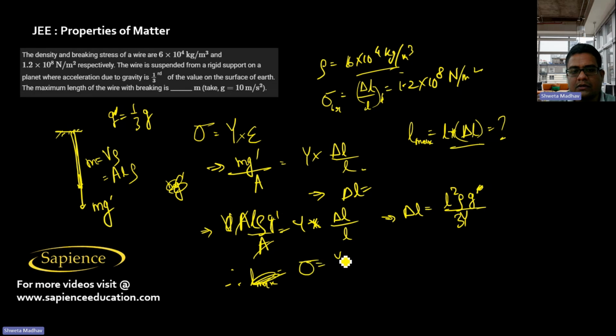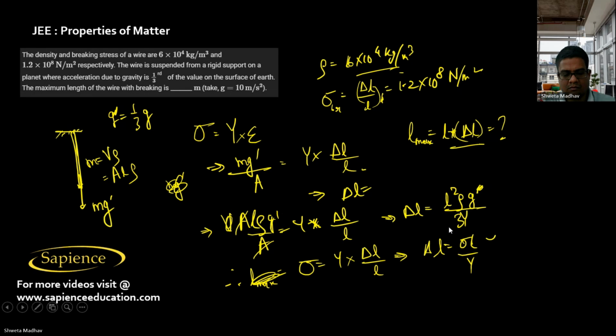Sigma is given as Y into delta L by L. Therefore, delta L will be sigma L by Y. Sigma is obviously equal to L rho into g by 3.